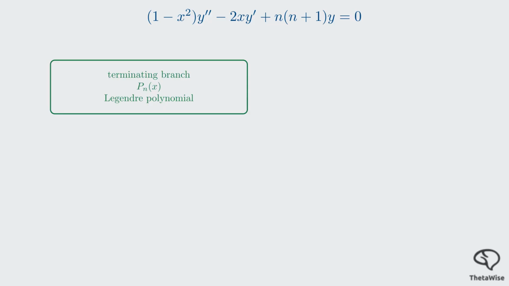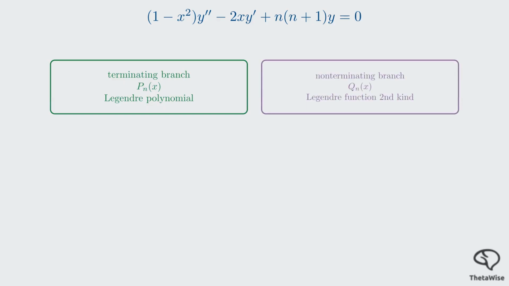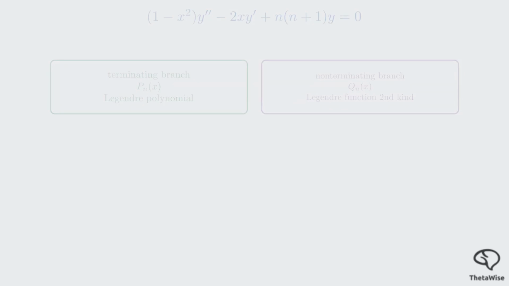The other root, k equals negative n minus 1, gives a non-terminating branch called the Legendre function of the second kind, Q sub n, in the notes. Rodrigues' formula packages the terminating branch neatly. P sub n of x equals 1 divided by 2 to the n times n factorial multiplied by the nth derivative of x squared minus 1 to the n.